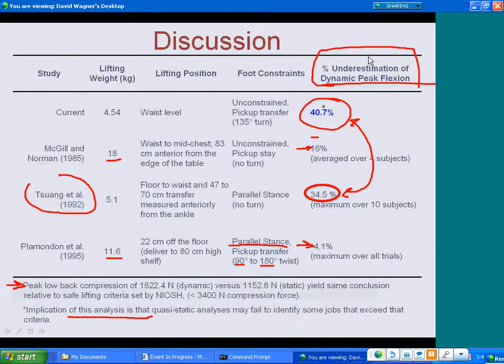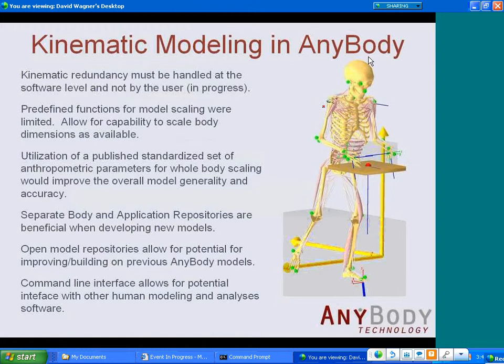So some parting thoughts in terms of what I went through in terms of kinematic modeling in the Anybody software. One issue up front, and this is being addressed right now by the Anybody software developers, is that the kinematic redundancy must be handled at the software level and not by the user.